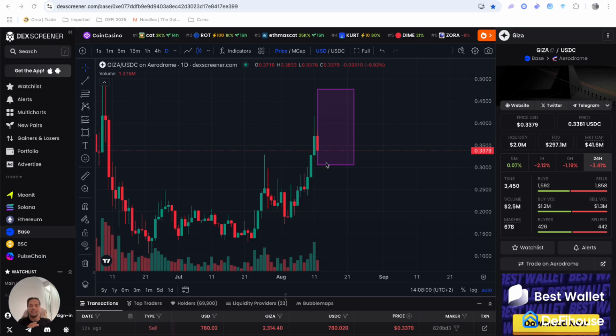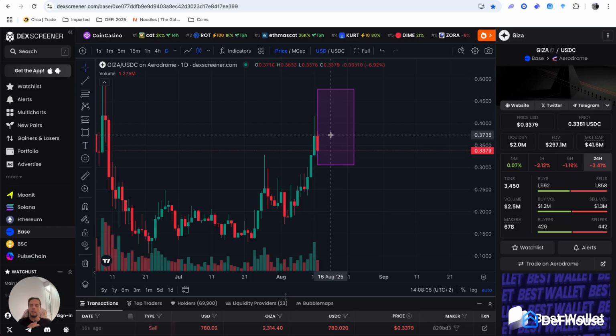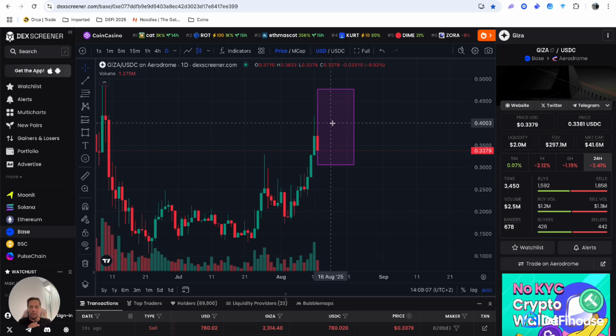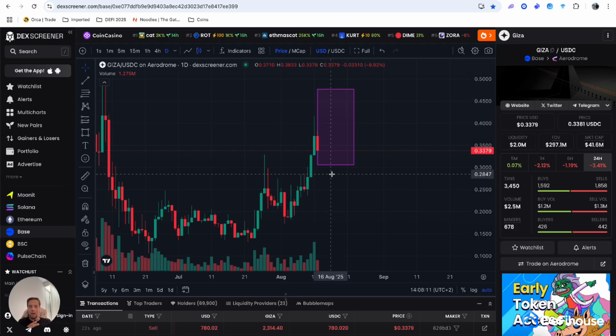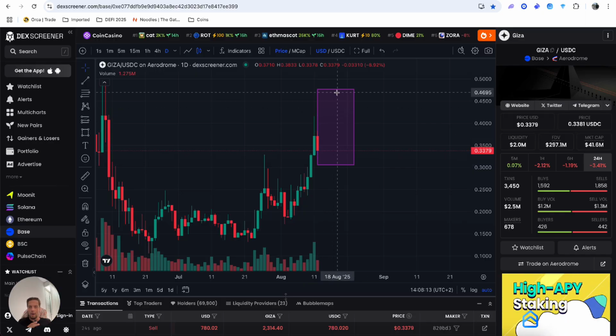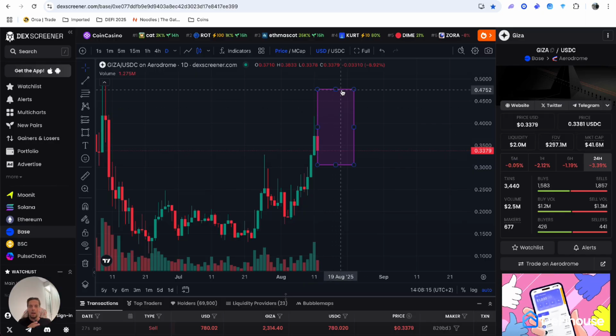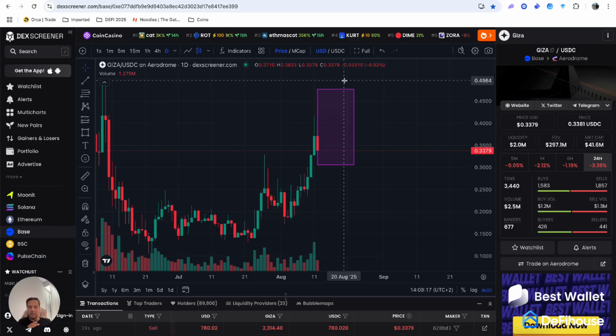And then as the price of the Giza coin goes up, you will be slowly converted into the USDC. And eventually, if the price continuously goes up and breaks your range from the upside, you will be converted fully to USDC. The same applies vice versa.